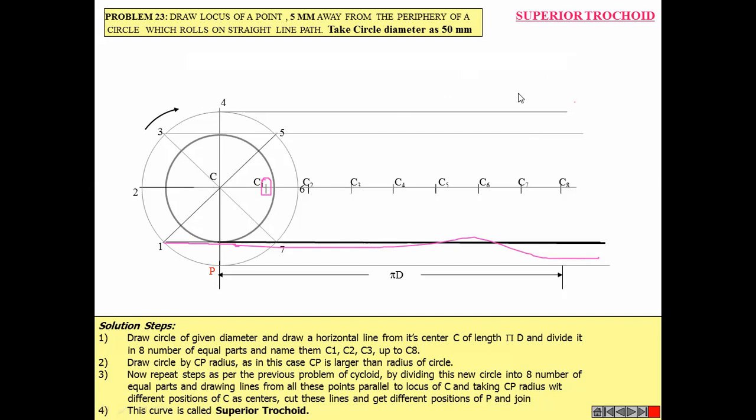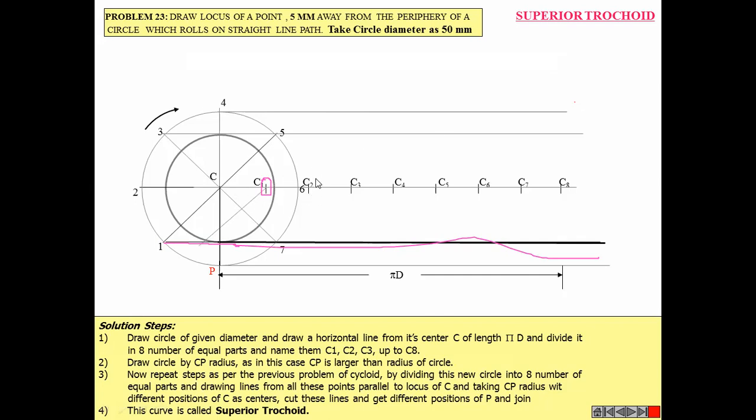How will we cut it? Like this. See, this line which is repeatedly coming and going, that much distance is CP, and it is cut on line 1.